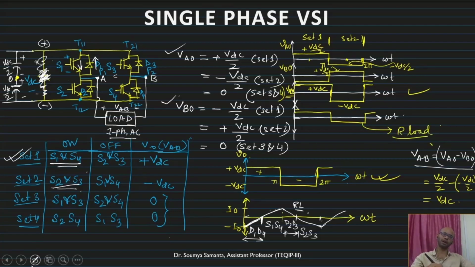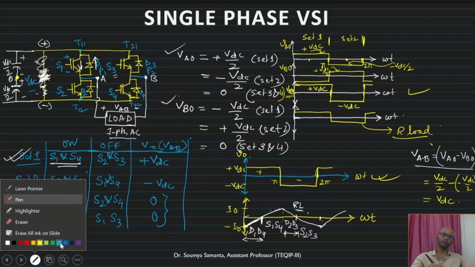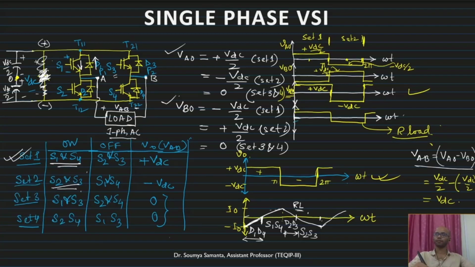Now if L dominated RL load, if I find out, now let us, same, already it is. Minus I naught to plus I naught. This is the current. I naught. This is VAB. Alternating voltage. Fine. So this is the complete analysis of single phase voltage source inverter.